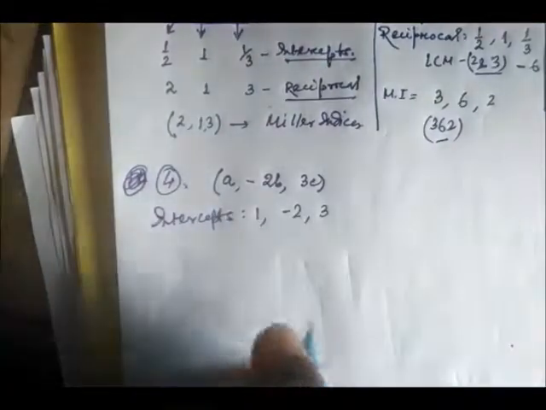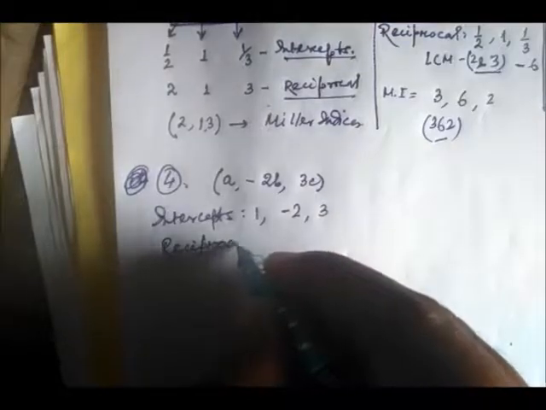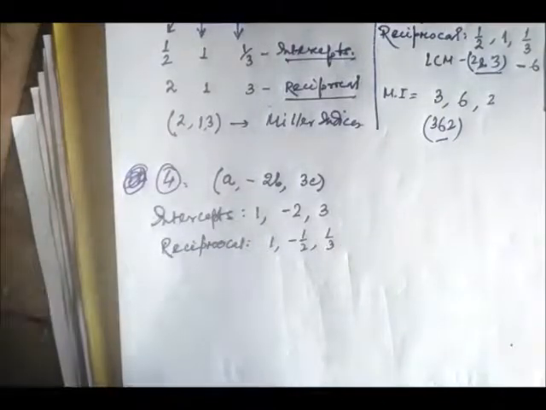So you have to take the intercepts. This will be 1, minus 2, 3. So the reciprocal will be 1, minus 1/2, 1/3.